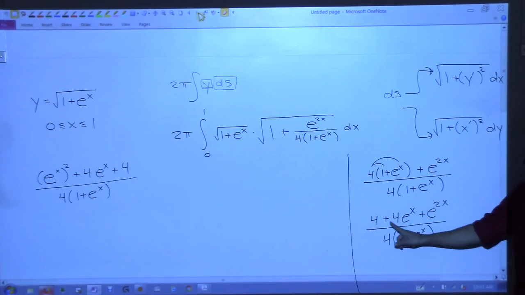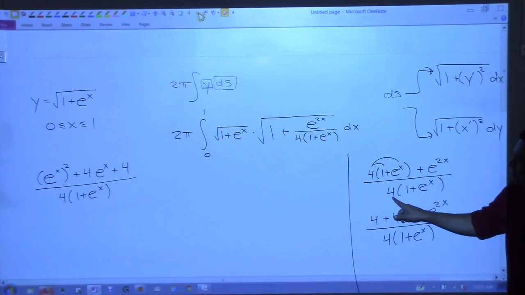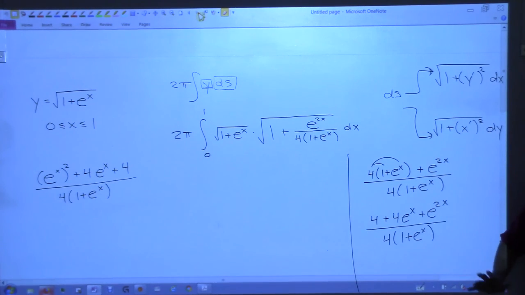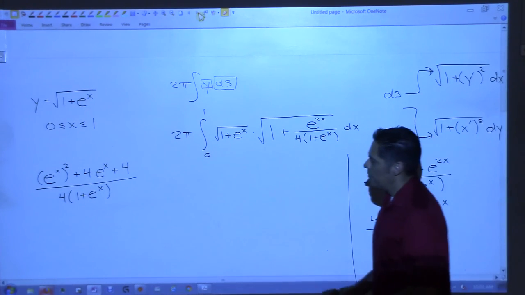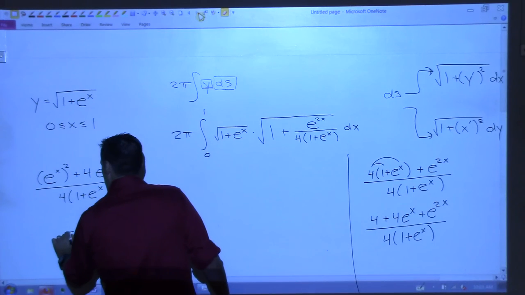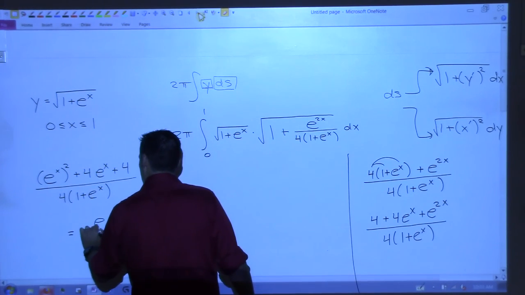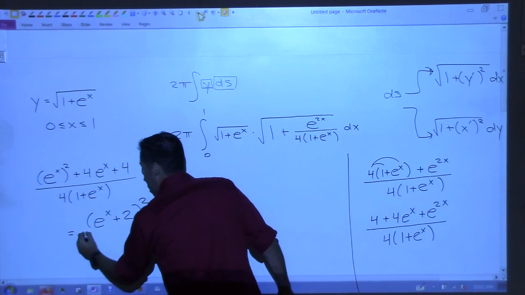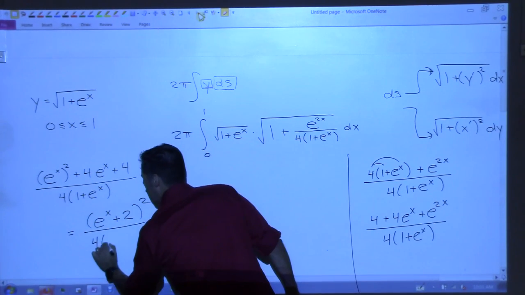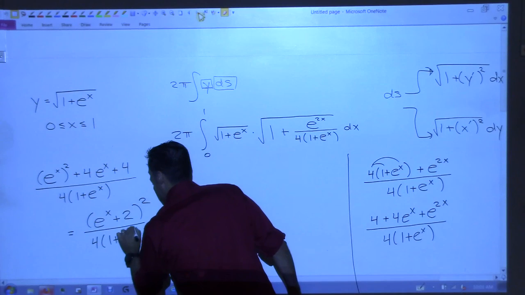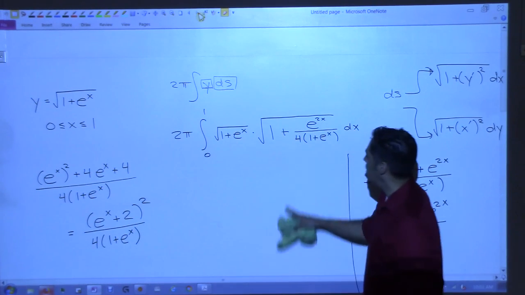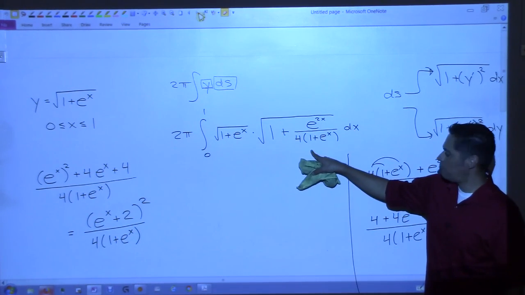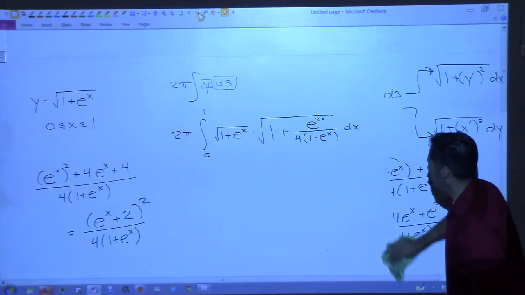Like if that number was a 3, none of this would work, all right? So this becomes e to the x plus 2 on top, that quantity squared, over 4 times 1 plus e to the x. Okay, that is what's under this root, right? Right, let's continue the integral then.